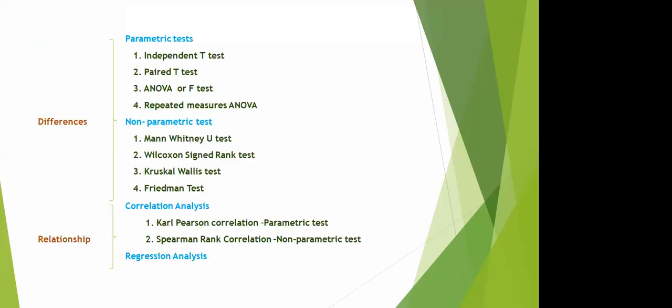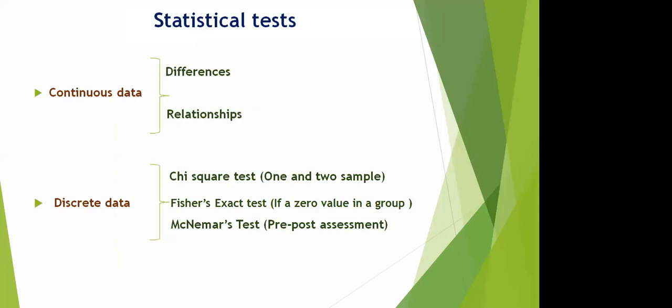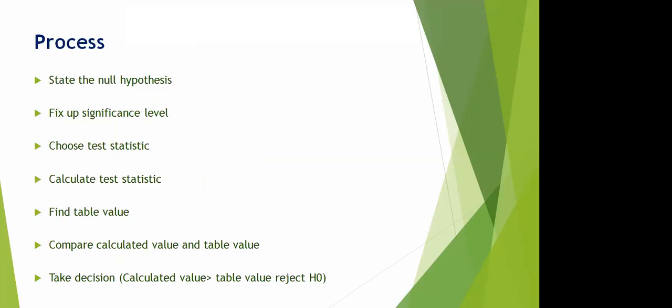And these are the common tests we use in statistical testing of hypothesis. The process of how we do the statistical analysis, which we also discussed in the initial slides, is: first we state the null hypothesis, then fix the significance level, then choose and calculate the test statistic and find the table value, then compare the calculated value and the table value.